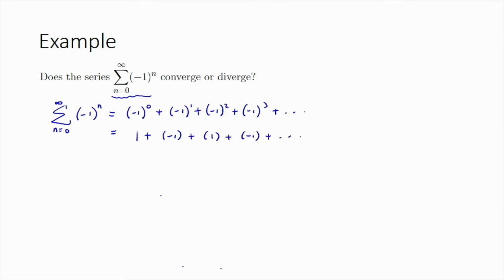Now, when you look at this series, it may be tempting to sum the series in the following way. 1 plus minus 1 is 0. 1 plus minus 1 is 0. 1 plus minus 1 is 0. And therefore, you might be tempted to think that this infinite series has a sum which is equal to 0.